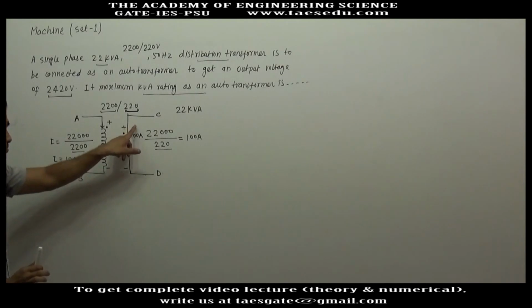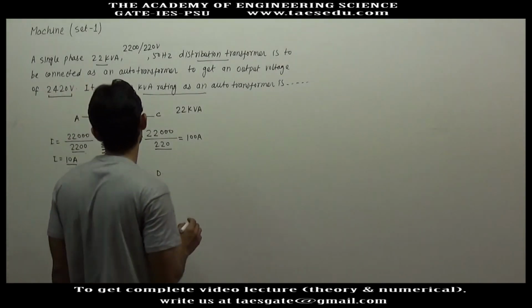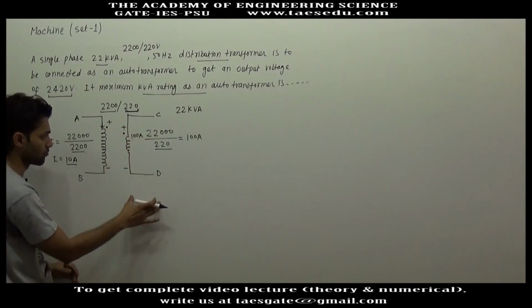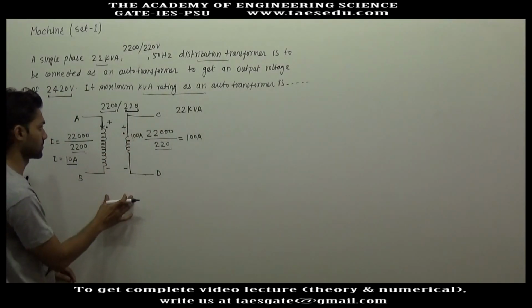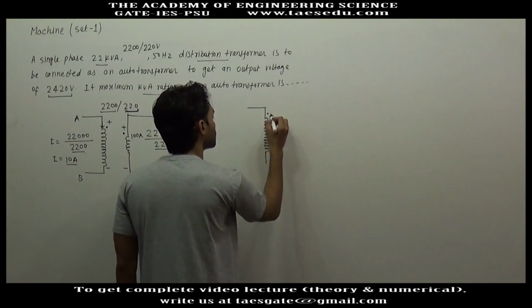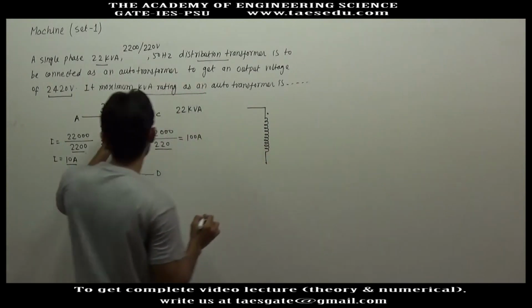So let us connect B and C. For connecting B and C, let us shift this part first downward, then connect here. This is the dot polarity. Shift it here.